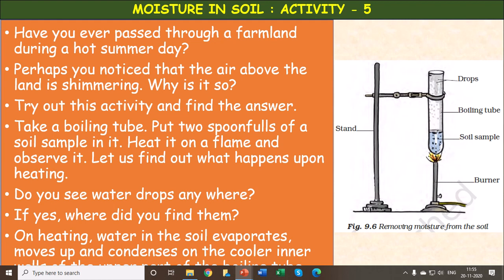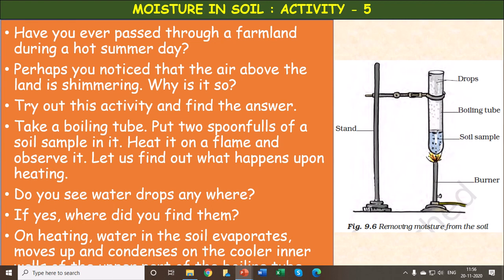We are not adding any water, we are just heating the soil. So the water in the soil evaporates, moves up and condenses on the cooler inner walls of the upper part of the boiling tube. Here, these are the drops.